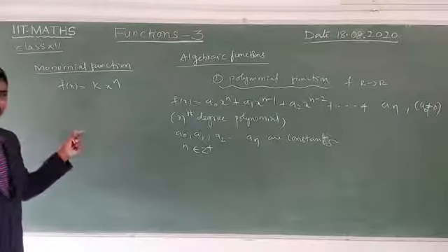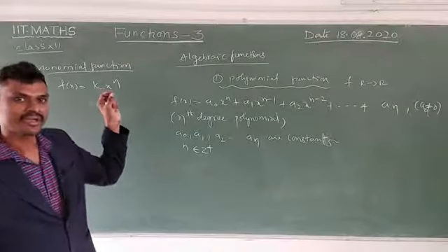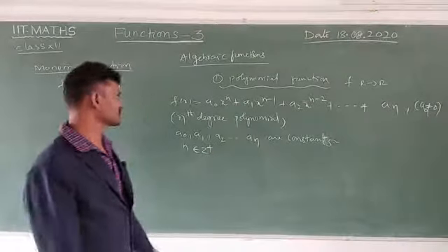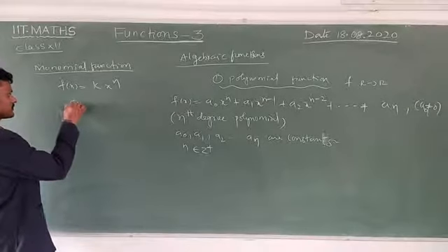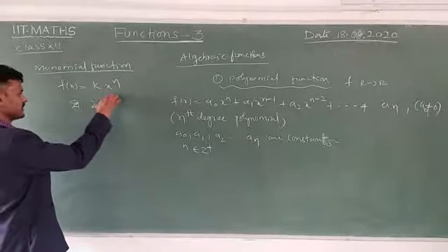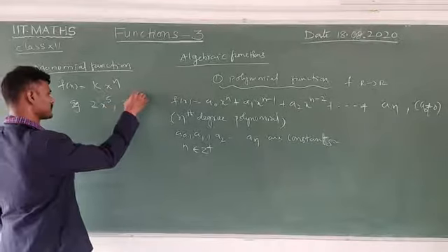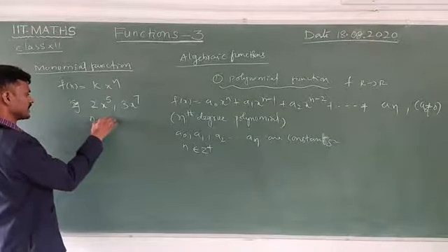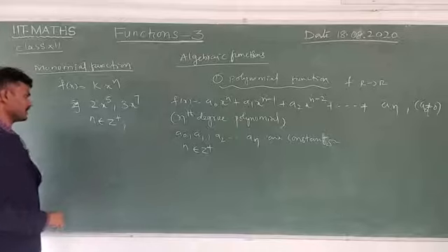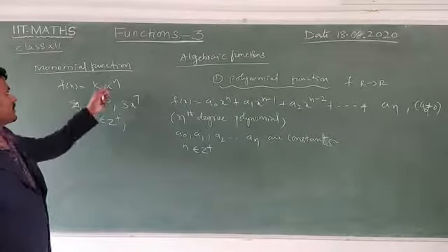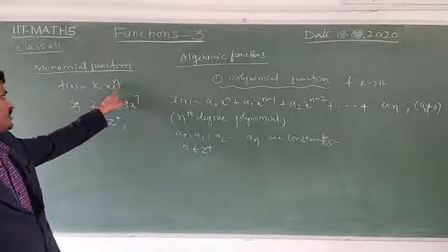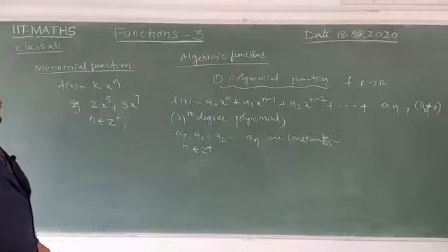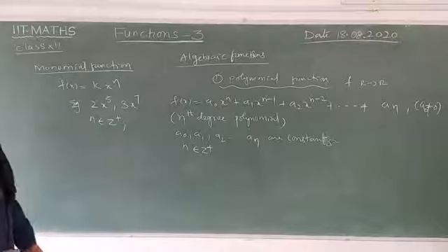That means a function in the form k into x to the power of n is called a monomial function. Examples: 2x power 5 and 3x power 7. Here n belongs to W, the non-negative integers, meaning only positive including 0. This is a monomial function.